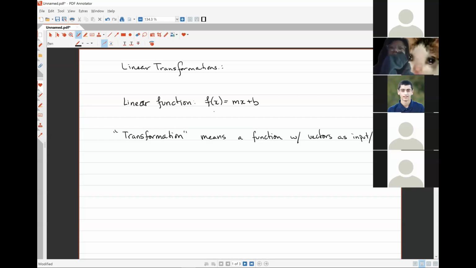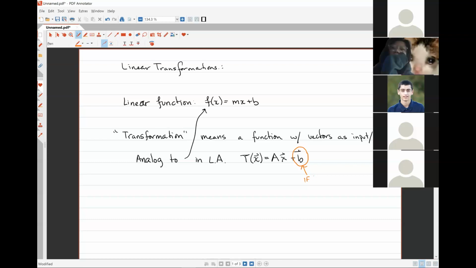So in the context of linear algebra, the analog to this thing up here might be something like this. And this isn't what we call a linear transformation in linear algebra, because this thing is not zero.